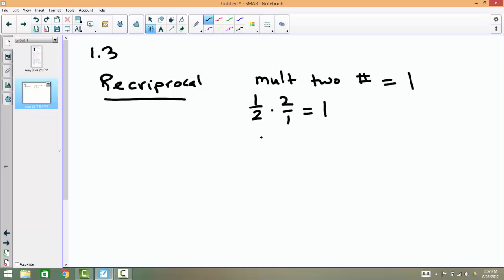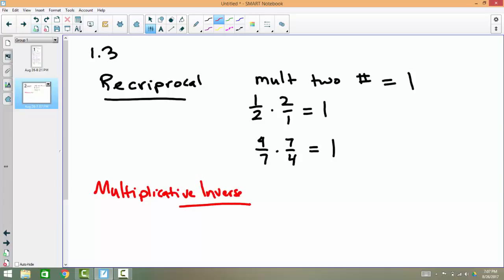The reciprocal of 4/7 would be, you just flip it, so 7/4, and that would give you 1. Multiplicative inverse. Dividing by a number, you can multiply by its inverse.